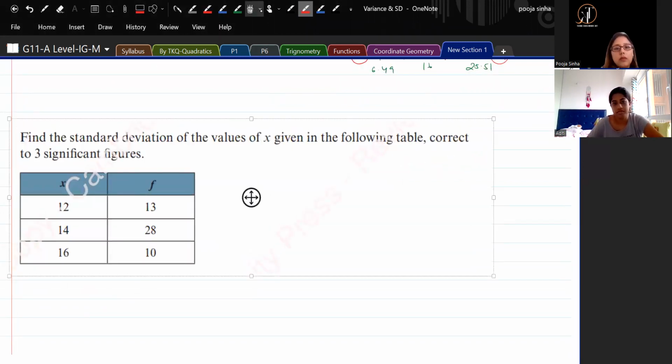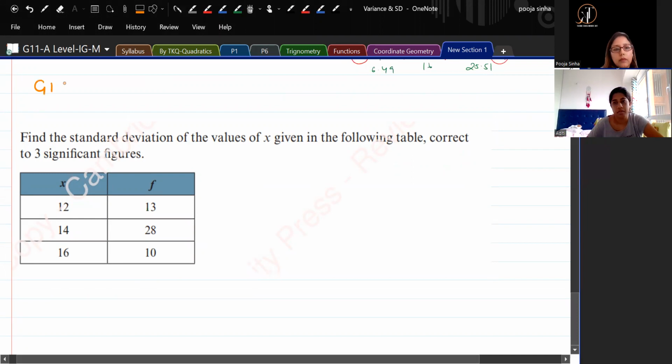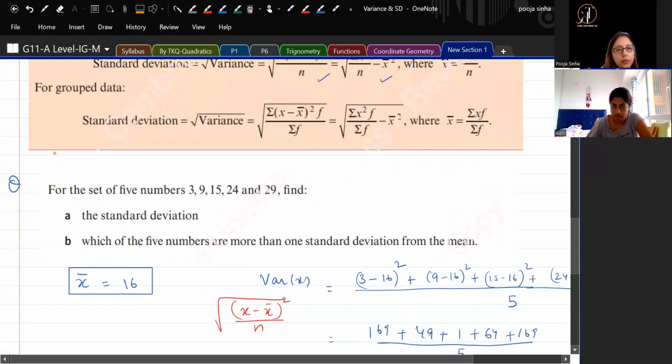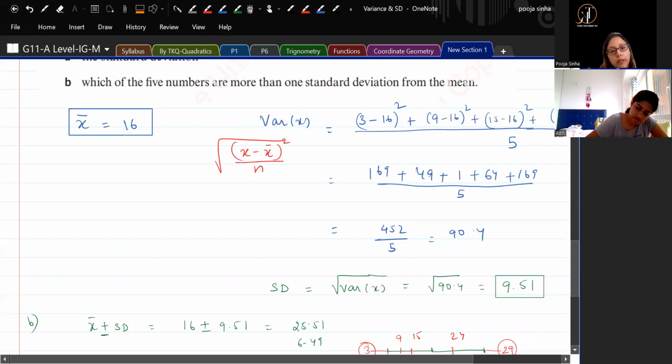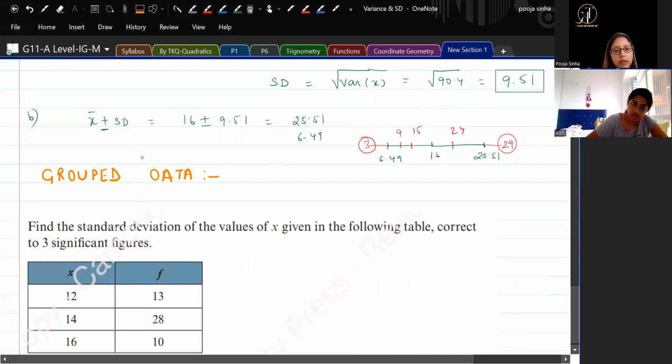This question was for ungrouped data. And from today, please start telling me what question papers you are doing.